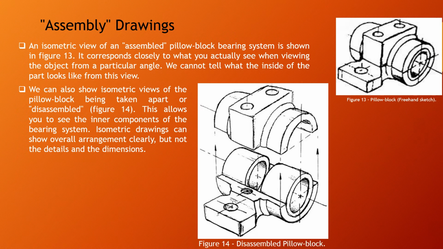Okay, in figure 14, we can also show an isometric view of the pillow block being taken apart or disassembled in figure 14. You can see it. This allows you to see the inner components of the bearing system. Isometric drawings can show the overall arrangement clearly but not the detail and the dimensions.